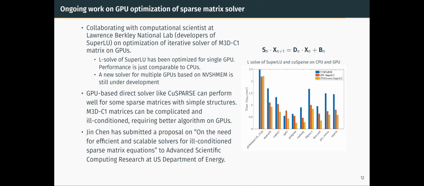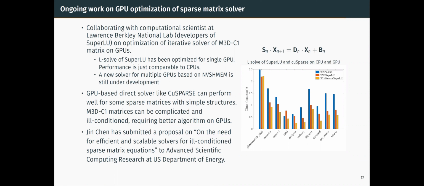You can see that they are comparing their new SuperLU matrix solver with the performance of the cuSPARSE one. You can see that their performance is better than cuSPARSE, but it's still not as good as the CPU version. So basically, this means that if you run it on GPU, you just get the same performance or even worse. And more importantly, this is only obtained using one single GPU.